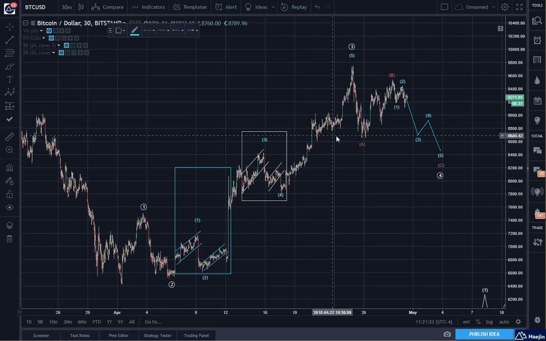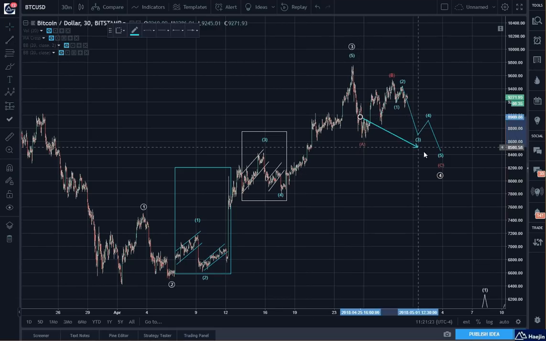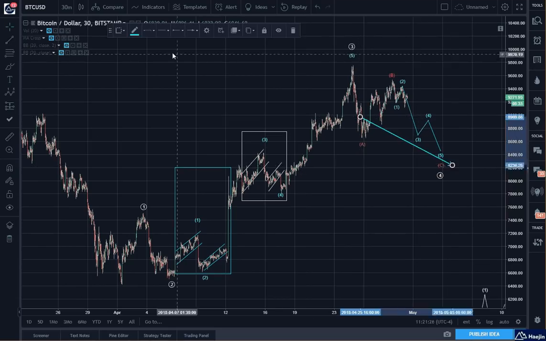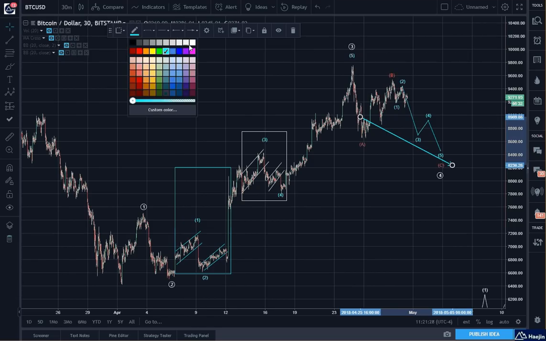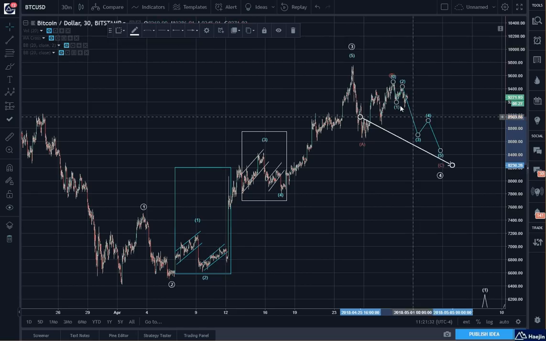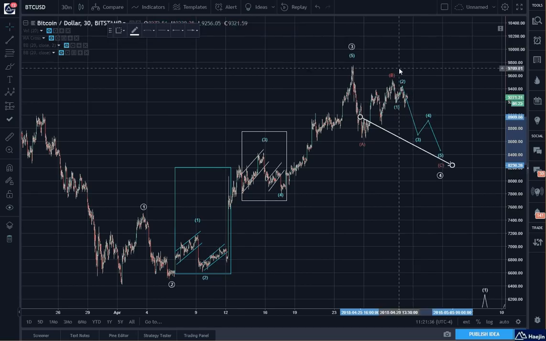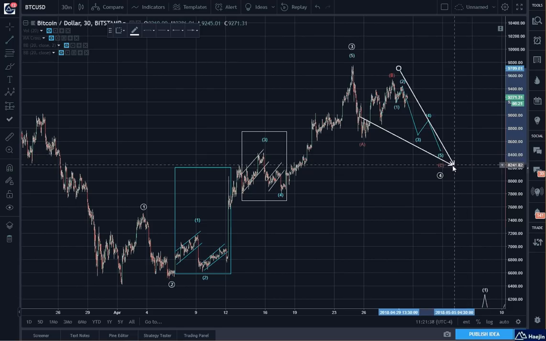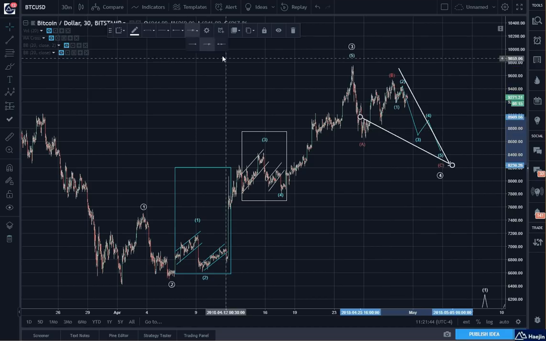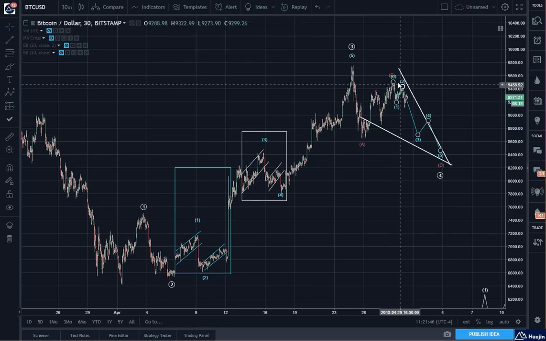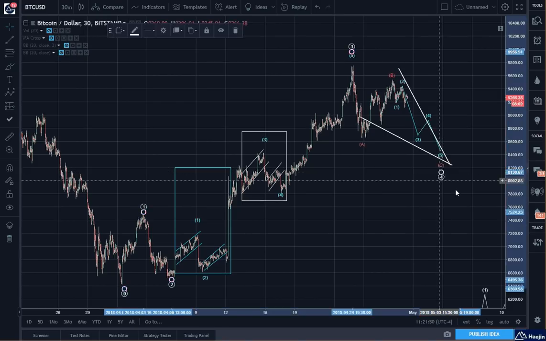Then we can even probably draw a symmetrical triangle. And that'll shape out to be pretty nice. Because then price will finish the 1, 2, 3, 4, 5 waves down for C. That'll complete the wave 4.